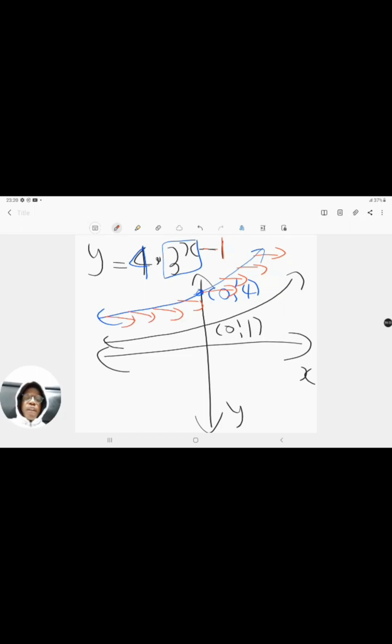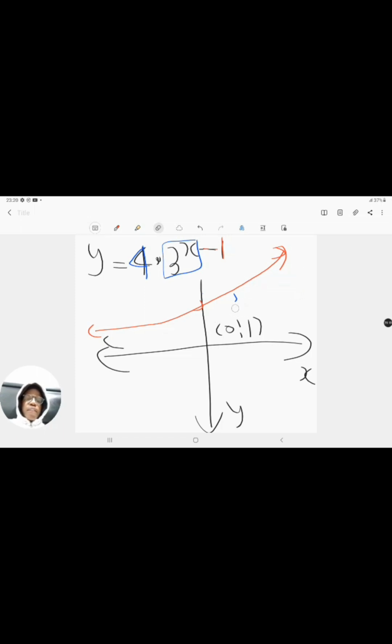So this graph is going to be there, and this graph in red is going to be your final graph. The graph in blue and the graphs in black fall away.